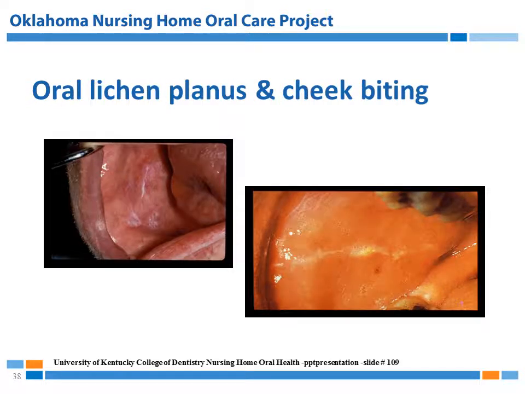Oral lichen planus and cheek biting. Not all lesions in the mouth are cancerous. It is important to notify the charge nurse when any lesion in the mouth is noted during the routine oral care screening. Remember, when in doubt, refer it out.